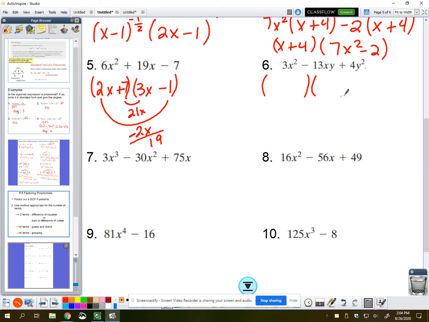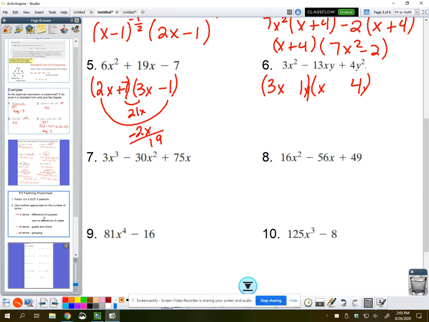Again, 3 terms, no GCF. So guess and check. To get 3x squared, we're going to do 3x times 1x. To get 4y squared, if I do 2 and 2, so if I put 2y and 2y, I'm just going to get 6 and 2. So that's not going to get me to 13. So I'm going to try putting a 4 here and a 1 here.